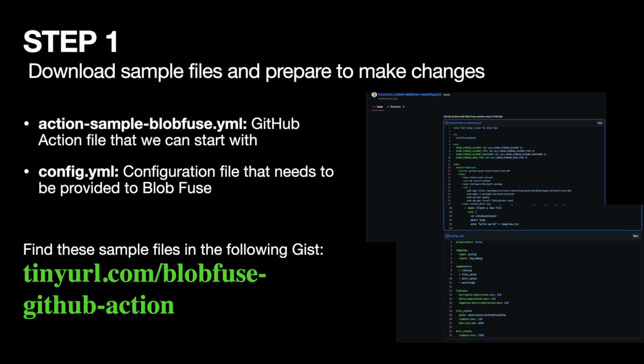It is a GitHub action that we can start with. You probably need to make some modification there. Second file is the config.yml file. It's a configuration file that needs to be provided to Blob Fuse. So we will see what those things look like, but go to the URL and grab those files so we can start from there.